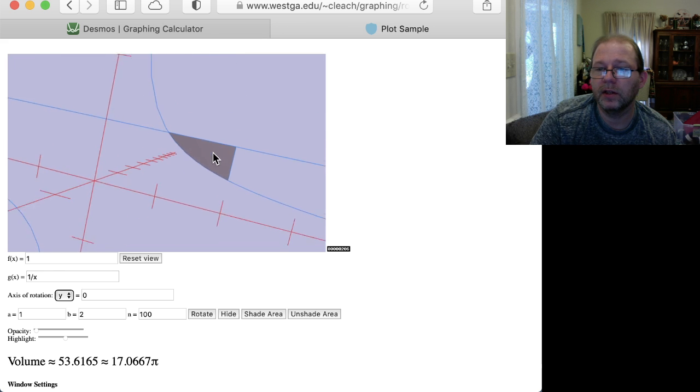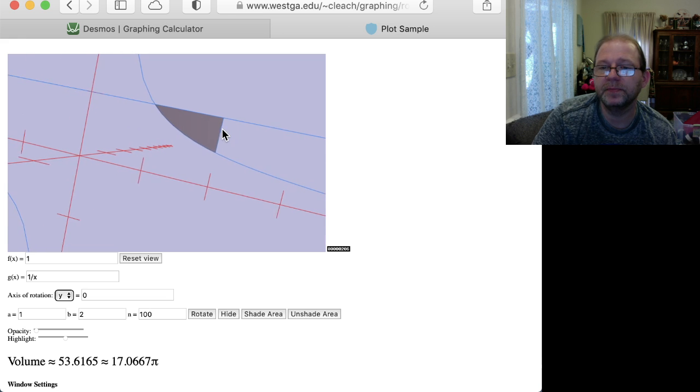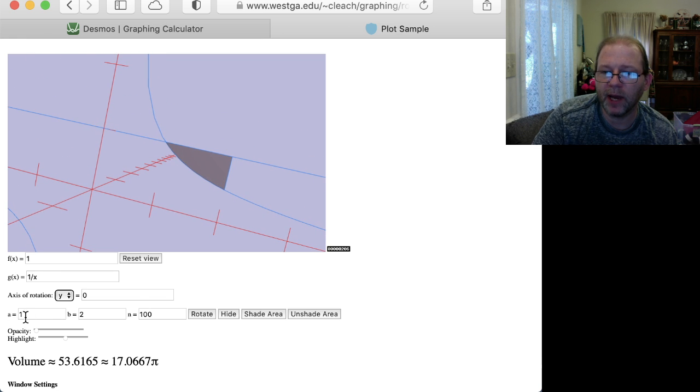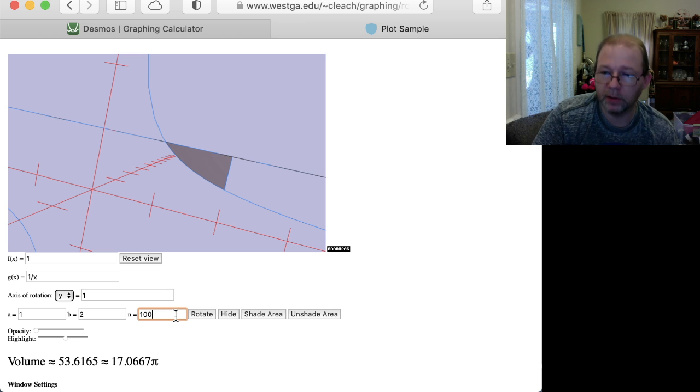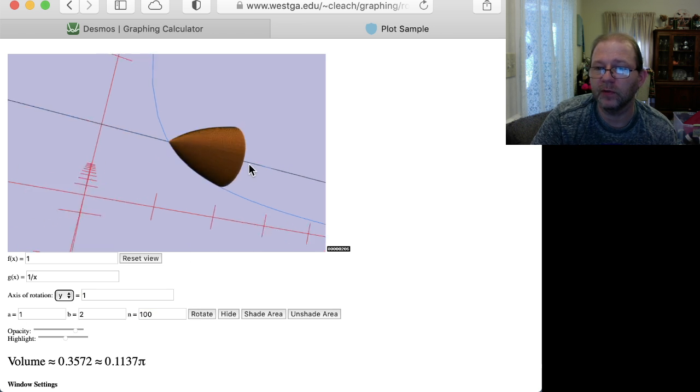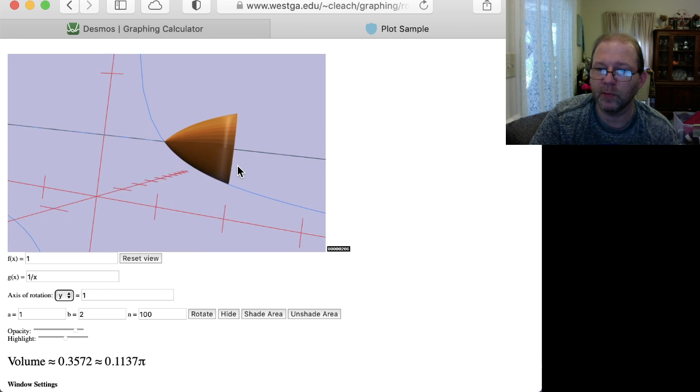All right. Now, the way I'm moving this is I'm right-clicking and sliding it. So now my axis of rotation is supposed to be the line y equals 1. So I do that. Notice the black line shows up there. And then if I rotate it, it gives us this shape that we were looking for. I said it was a bullet shape earlier, but it kind of looks like the front of a blimp or something.